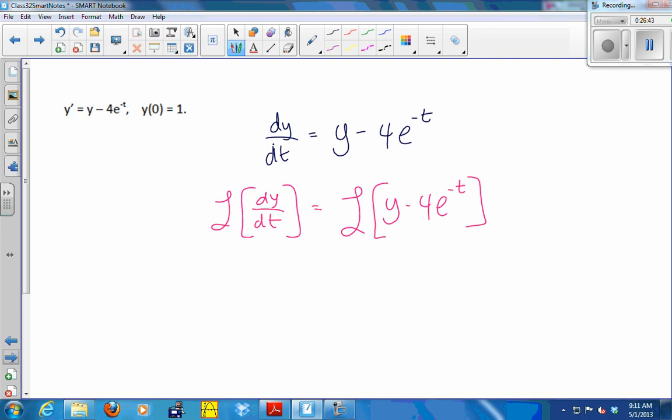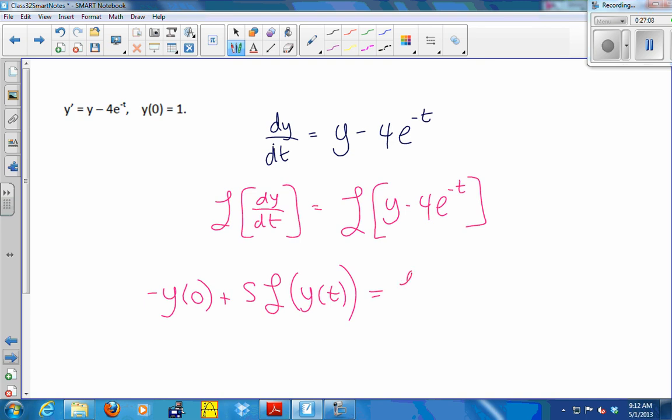All right, so the Laplace transform of dy/dt, we just spent some time talking about what that is, and it's negative y of 0 plus s times the Laplace transform of the function we're looking for, y of t. And then I can use the other two properties of the Laplace transform that let me take these two separately.